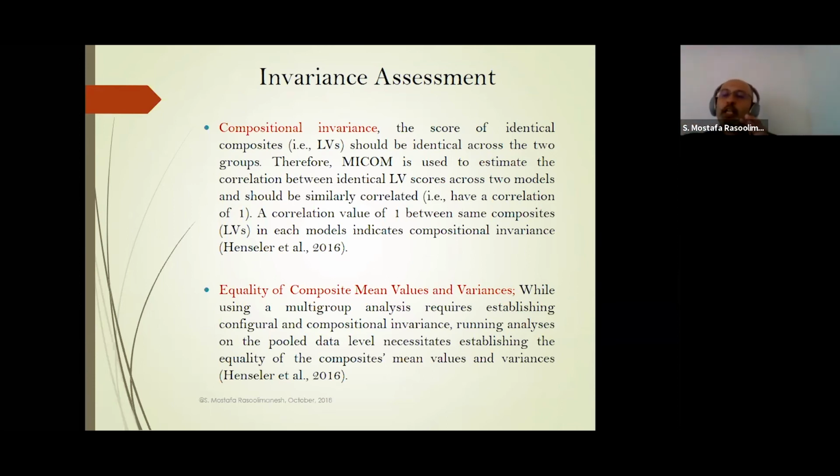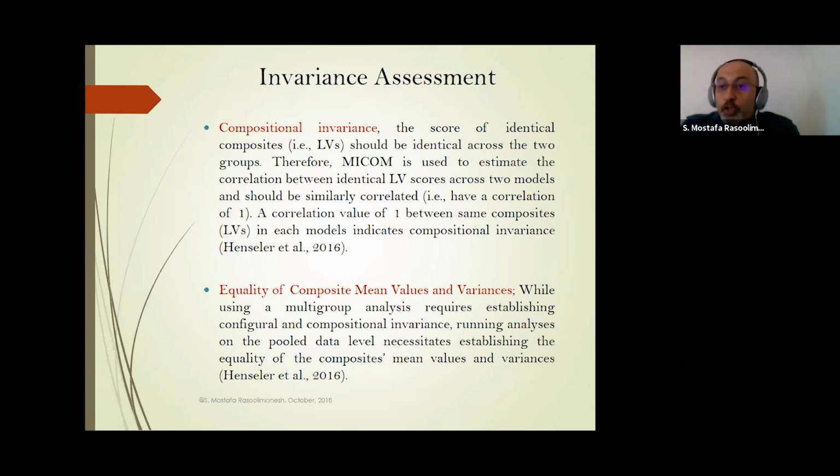For example, you collected data from two different countries, so you do a cross-country study. You collect data from Malaysia and China, or US and China, and you compare these two datasets. To compare the model for each of these two datasets, we only need partial measurement invariance.